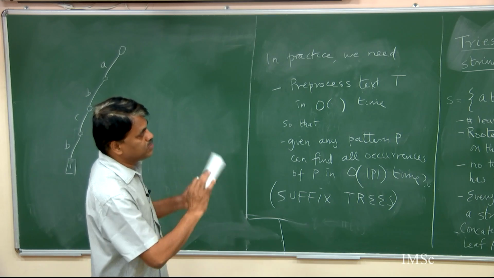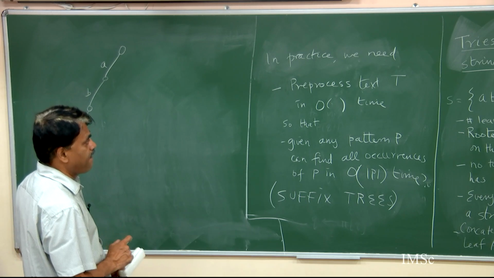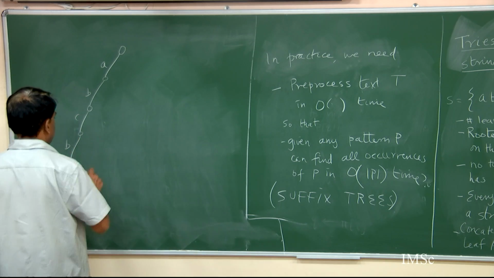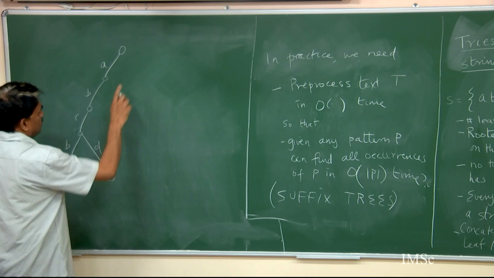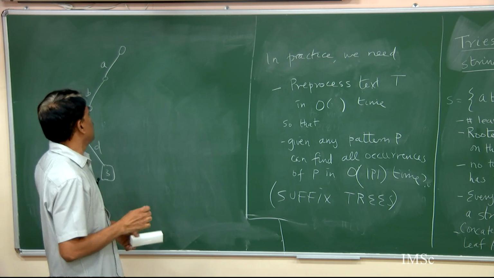I'm just giving some numbers to these strings. From C you drop a D and you get 3. So A, B, C, D corresponds to the third string.